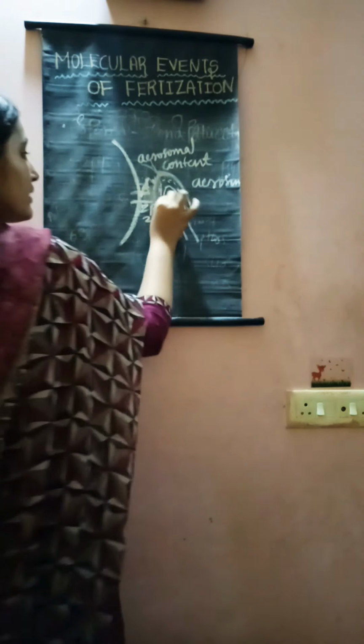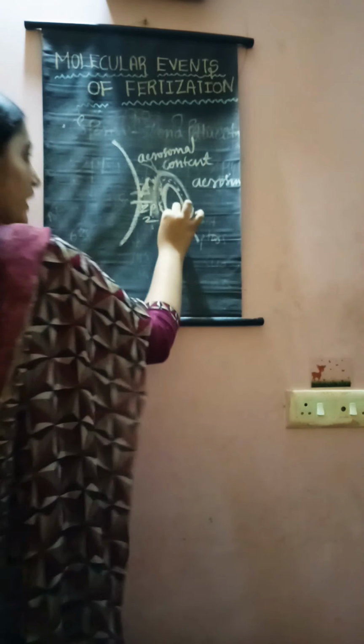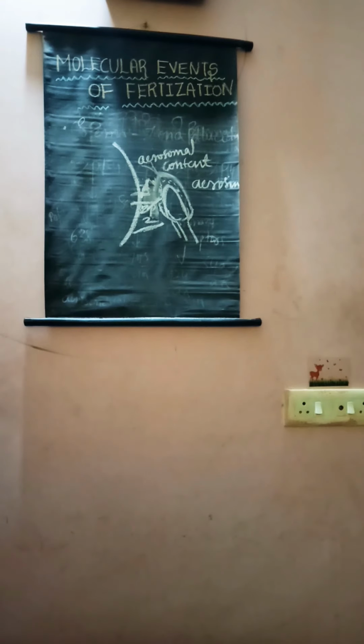So the inner acrosomal membrane will bind to the ZP2 receptor, and the ZP2 receptor will help in holding the sperm cell and egg in contact. Next comes the acrosomal reaction, that is the release of acrosomal enzymes. Then penetration of the zona pellucida.